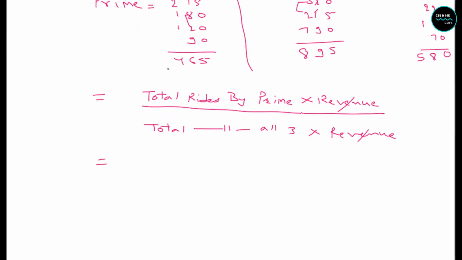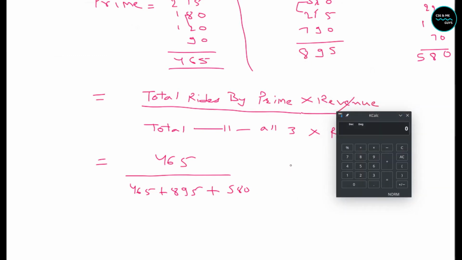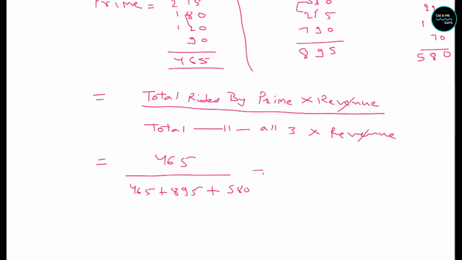So now we are left with total rides by Prime, which is 465. I'll just write 465 divided by total rides by all three, which is 465 plus 895 plus 580. I'll just bring my calculator here. That is 1940.